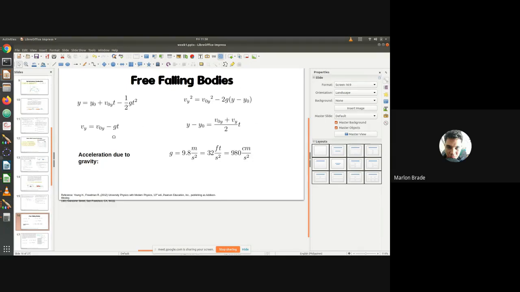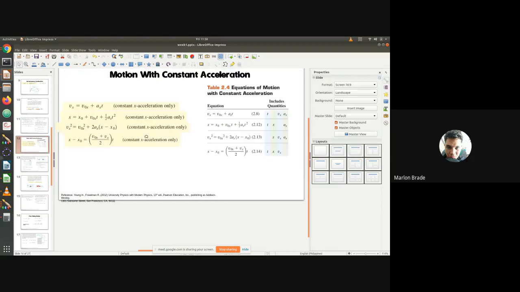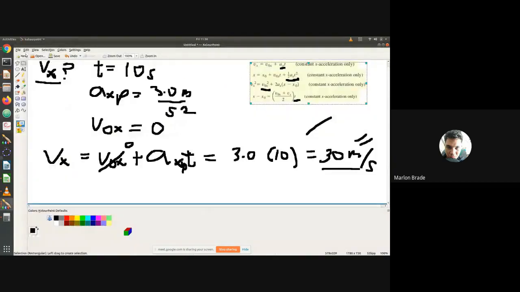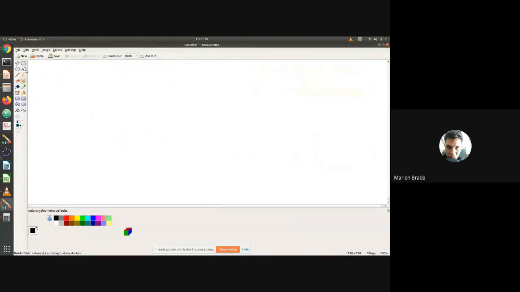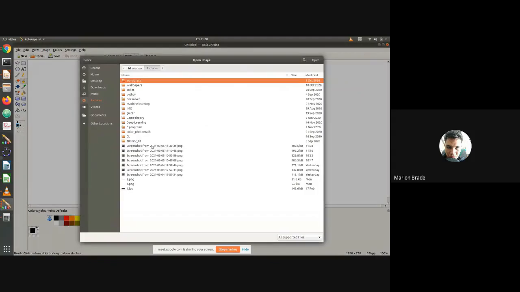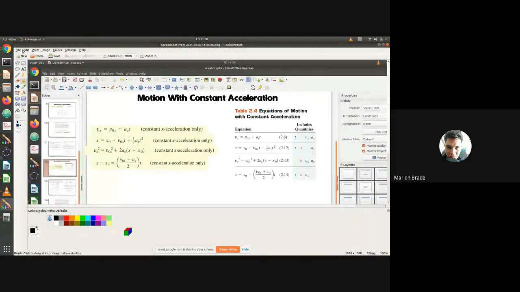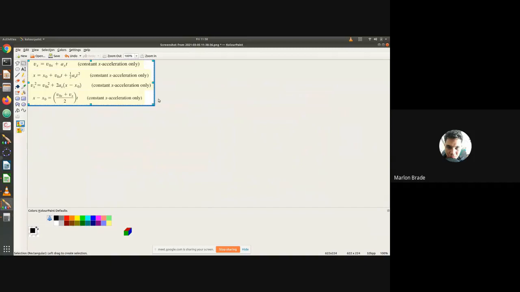By the way, ang pagkuha sa equation, ato ning isolvon, ato ning kuhaon gikan sa equation gihapon. Let's open that screenshot. Kining equation sa free fall, makuha ra gikan sa one dimension nga equation.